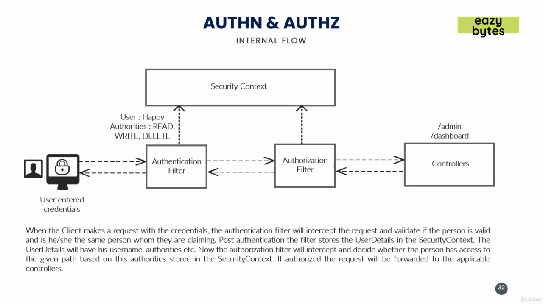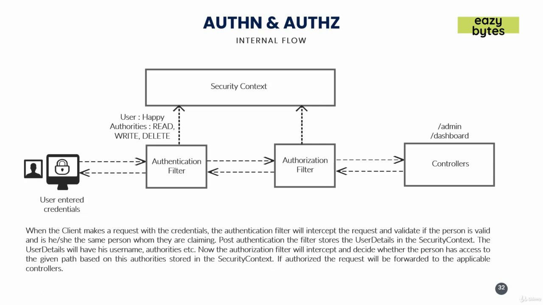Based upon those values, it will compare whether this particular user has access to perform this action or not. Only if he has access will it allow the business execution for the associated API path or URL. In these scenarios, we have paths like admin and dashboard, and based upon the rules that we configured, the authorization filter will allow them to execute further. Otherwise, it will throw a 403 forbidden error.